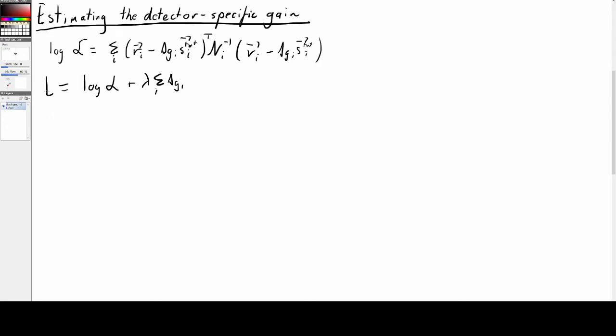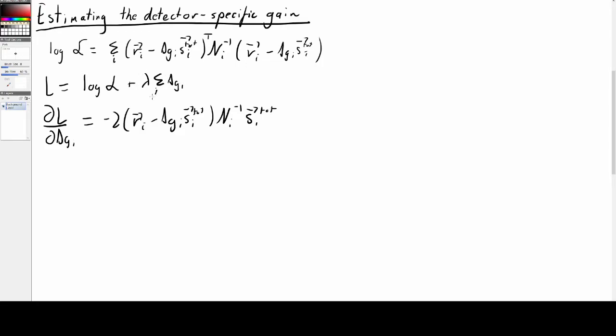And then taking the partial derivative of the Lagrangian with respect to our variables, which are the delta g_i's, this gives a -2 times one of these factors, and then the matrix multiplied by S_tot.